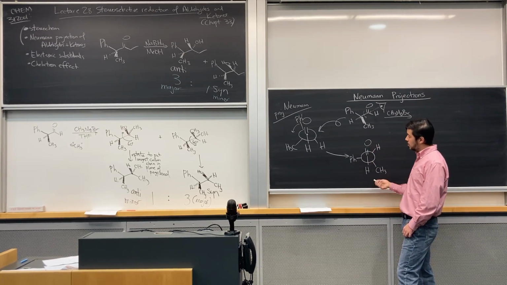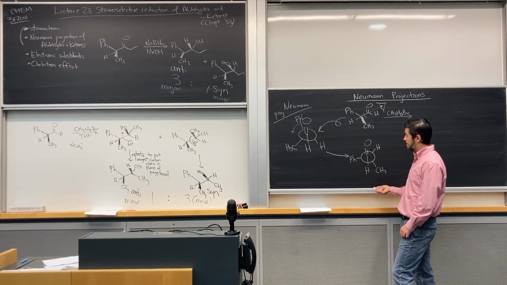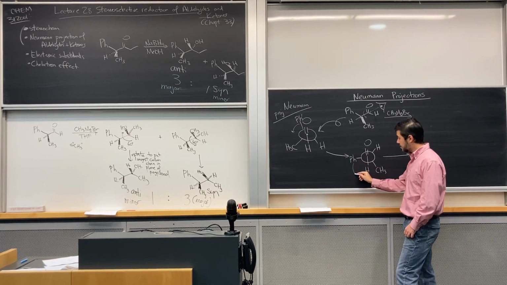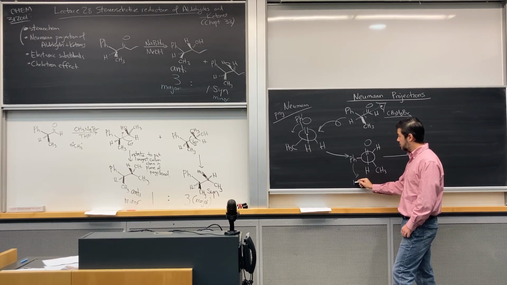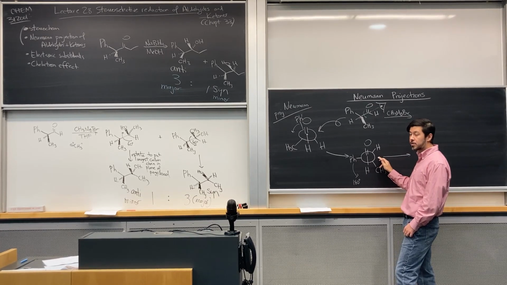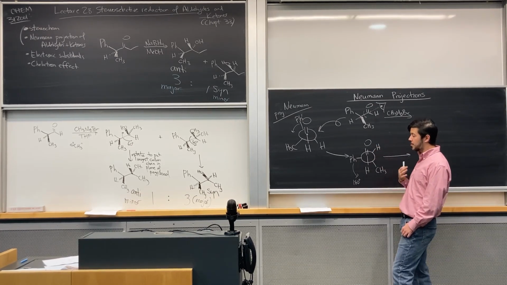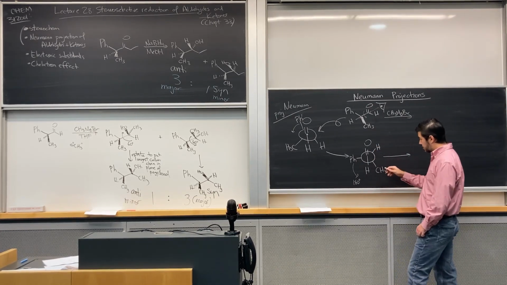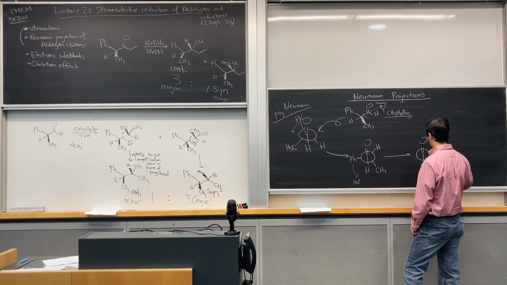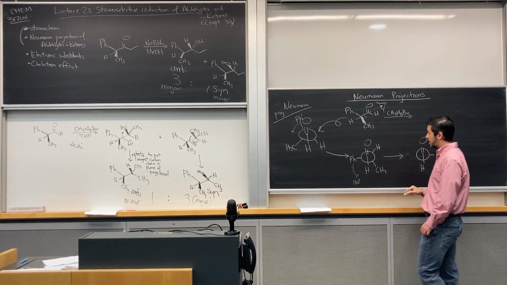Is this the only low energy conformer? Well, no, you could also rotate this 180 degrees. And you could have the phenyl group on this side, and it's also 90 degrees to the carbonyl group. So let's do that rotation. Let's put the phenyl group over here, 90 degrees away.